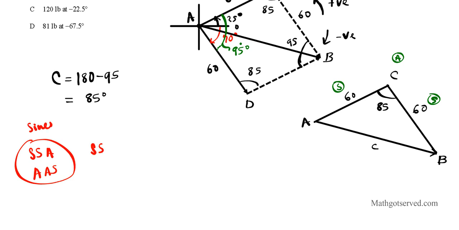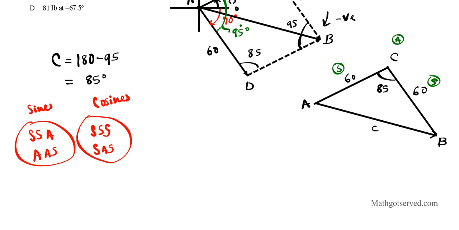And side, side, side and side, angle, side are the cases where you use the law of cosines, right? So in this scenario, we have side, angle, side, so we're going to be using the law of cosines, the one with the formula c squared equals a squared plus b squared minus 2ab cosine C. Okay, so let's use that to figure out the magnitude of this resultant force.